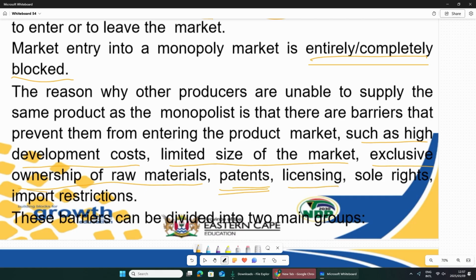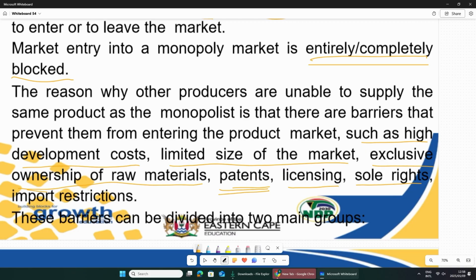It can also be because licensing is required. So if the other producers do not have that license, it means that they cannot enter into the same industry. It can also be because they own the sole rights to produce a certain product.